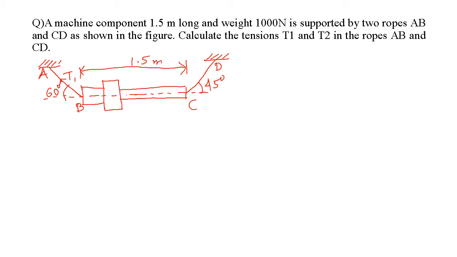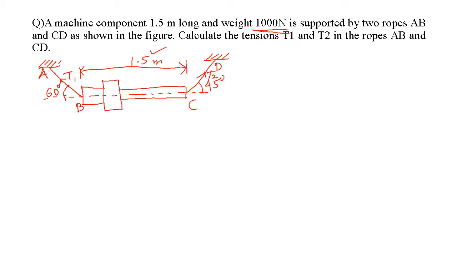A machine component of 1.5 meter length and weight 1000 Newton is supported by two ropes AB and CD. This is the AB rope and this is the CD rope, and they have tensions T1 and T2 respectively.